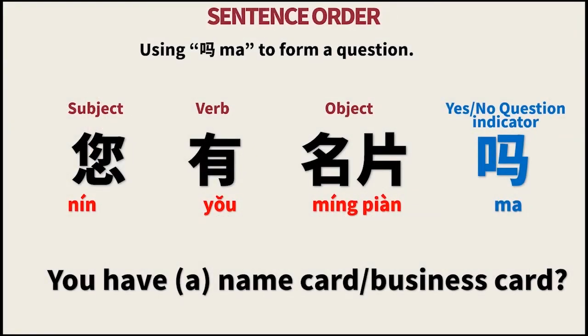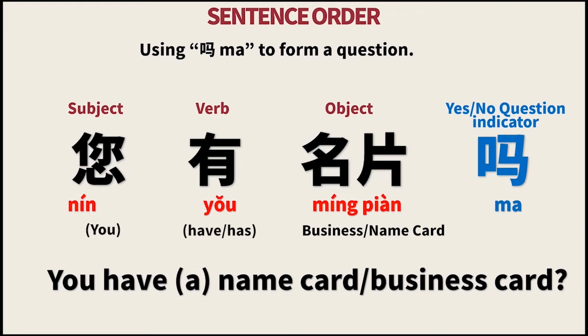Let's start by learning the sentence order. So I would like to introduce you to the sentence structure using ma to form a question. In English, we would say, do you have a business card? But in Chinese, it would be much more straightforward.